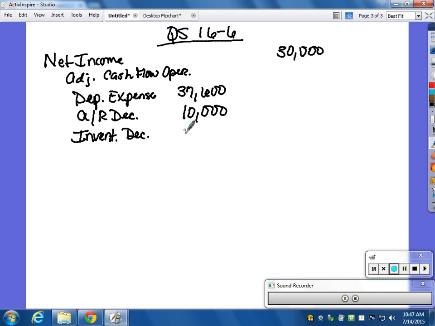Increase it by 10,000. What's next? Did you have any prepaid? Prepaid expenses. Did they increase or decrease? Increase. And what do we do with net income? Decrease by 1,200.